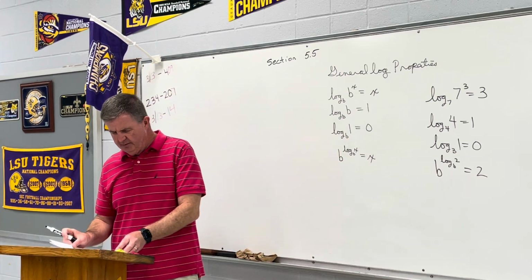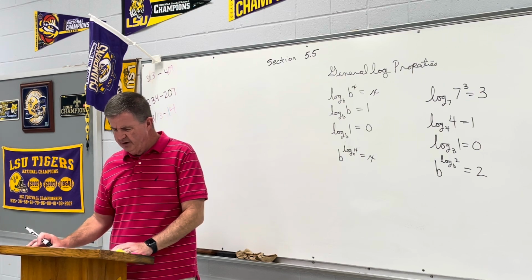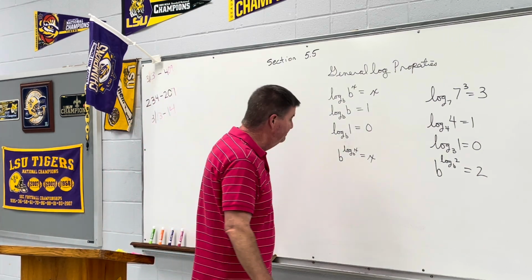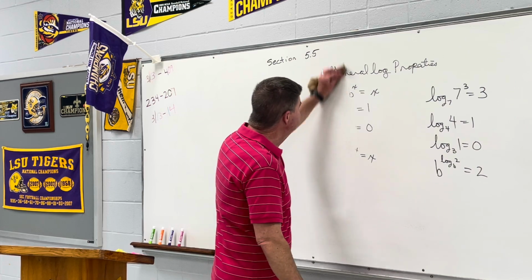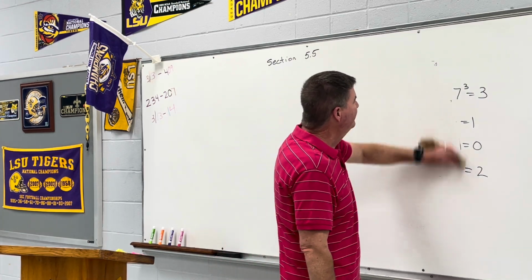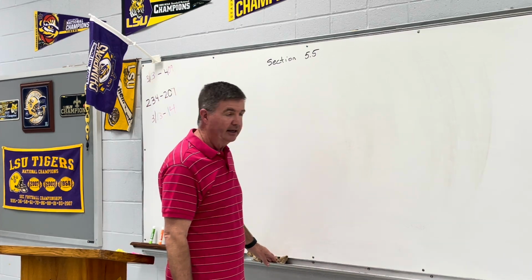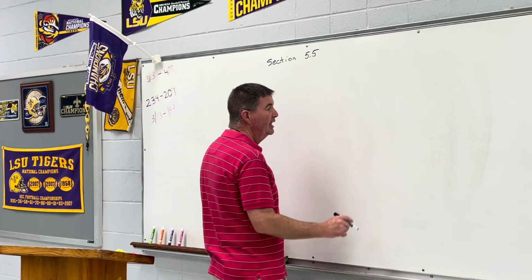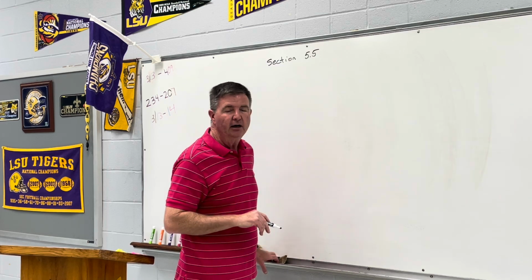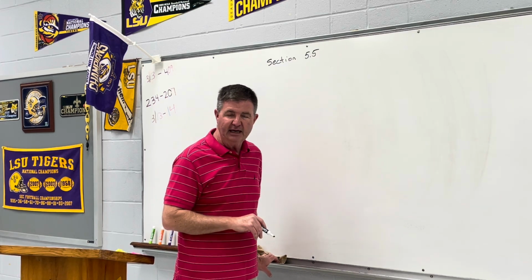In example number 2, we're going to do something called a change of base formula. So if I have log or natural log, as seen in a former video, and we're trying to figure out the value, we can just punch it into the calculator.